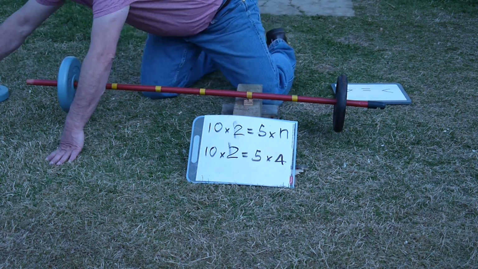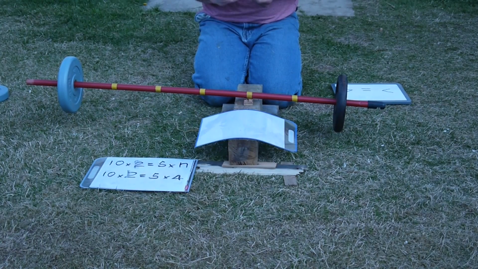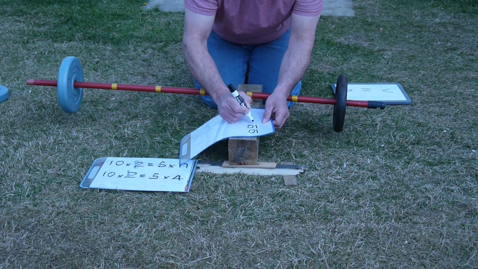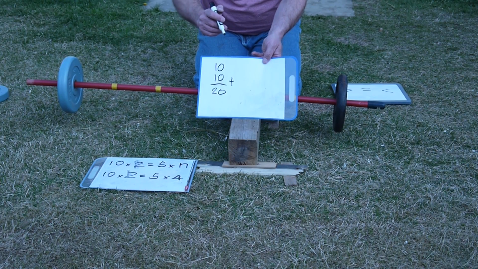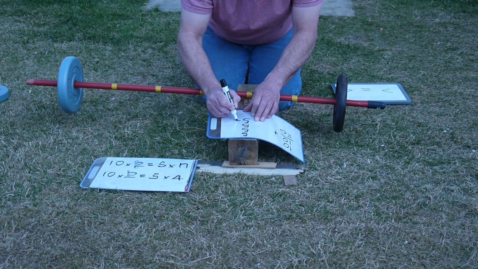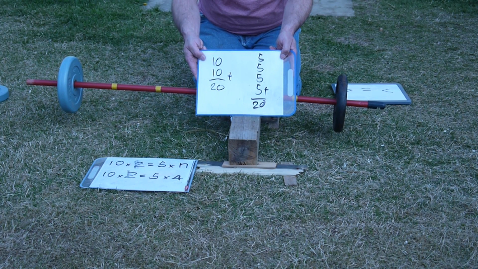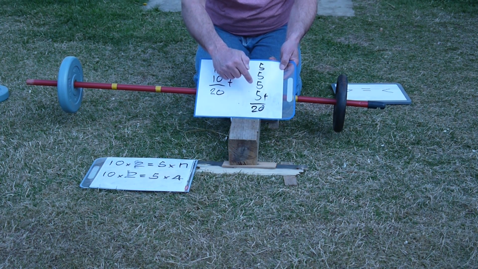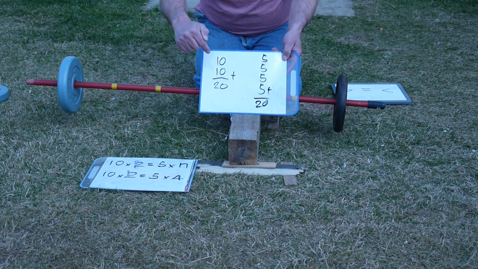One more thing. I have to let you know that multiplication is the same as repeated addition. 10, 10 is 20. 4 times 5 is the same as saying 5 plus 5 plus 5 plus 5, 20. 2 times 10 is the same as saying 10 plus 10, 20.